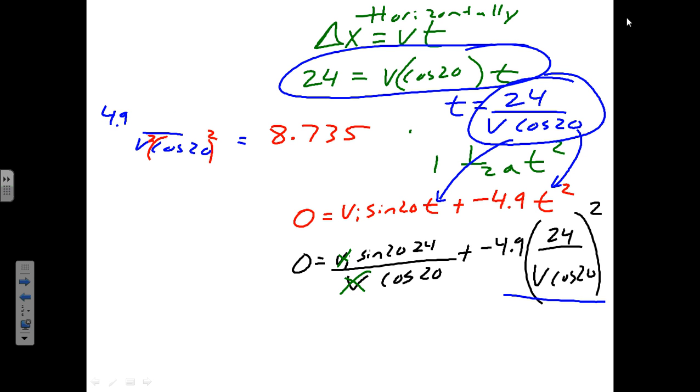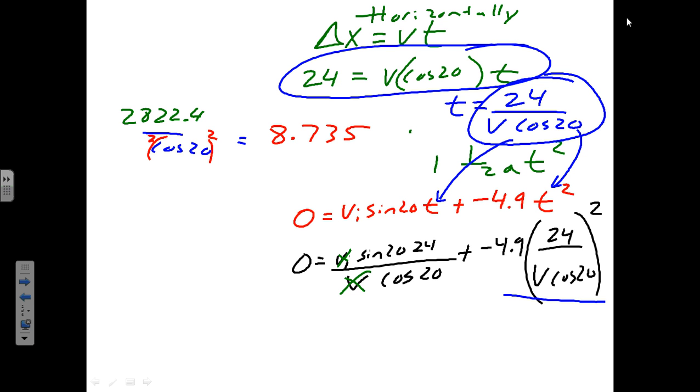So now I'm going to have up top 2,822.4 all over v squared cosine 20 squared. And that's all equal to 8.735. To get that v squared off the bottom so I can solve for it, I'm going to multiply both sides by v squared.